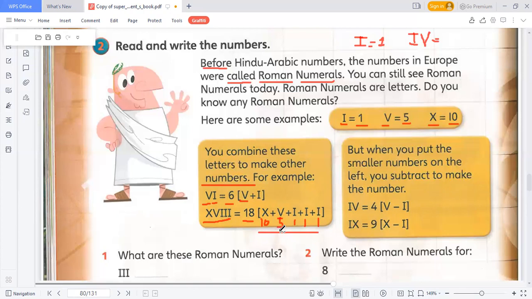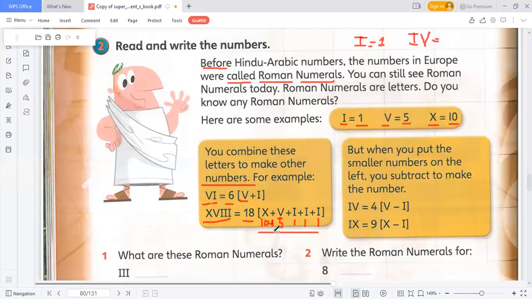10 plus 5 is... Okay. Do you know how to add numbers? Yes. You just have to add 10 and then you count, you just have to add 5. So 10, 11, 12, 13, 14, and 15.